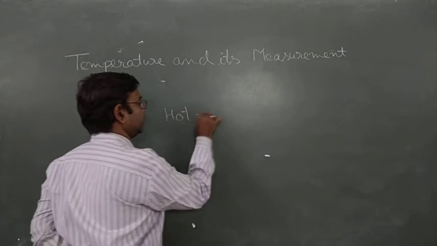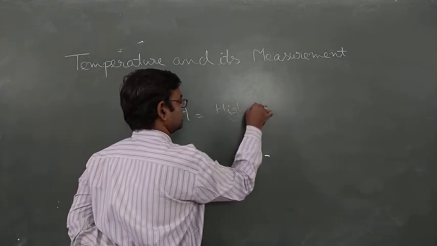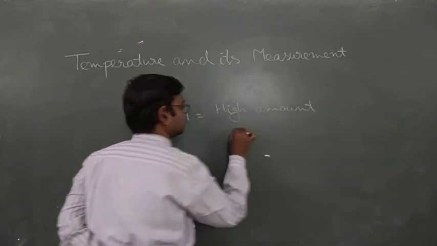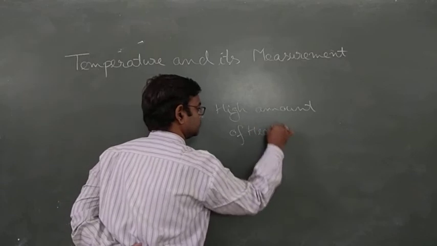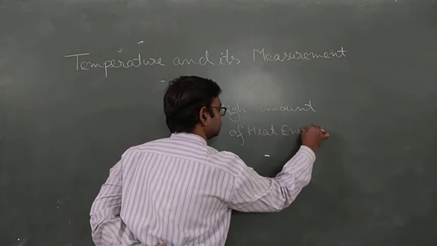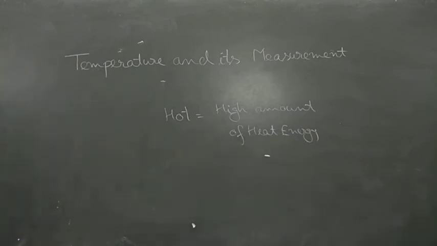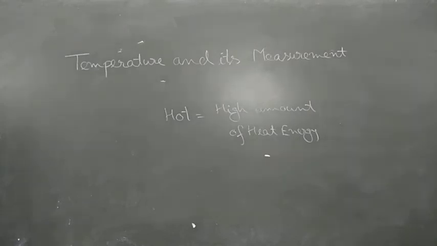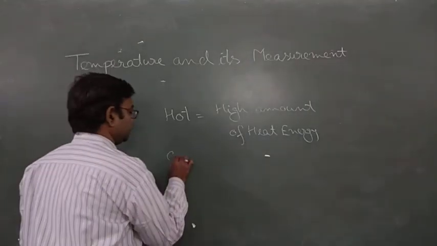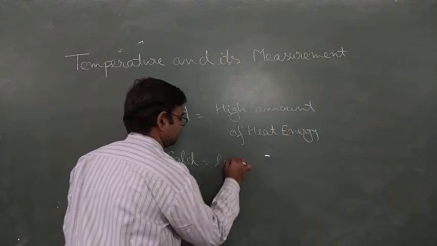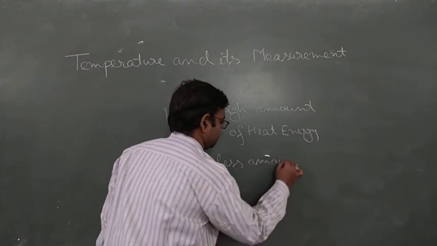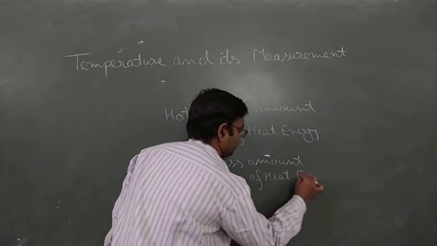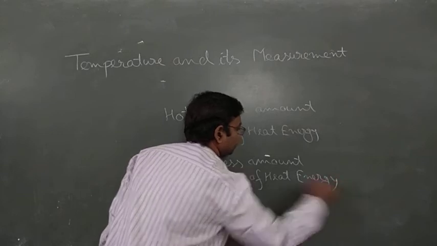Hot means a high amount of heat energy, and cold means a less amount of heat energy. Hope this thing is clear.